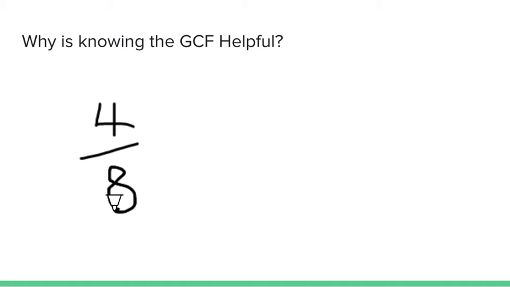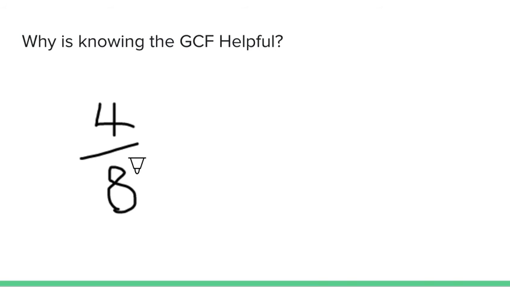Okay, so we use greatest common factor to help us simplify fractions. So here we have the number 4 and the number 8, 4 over 8. And if you have a general idea of some simple fractions, you should know right off the bat that we can simplify this.